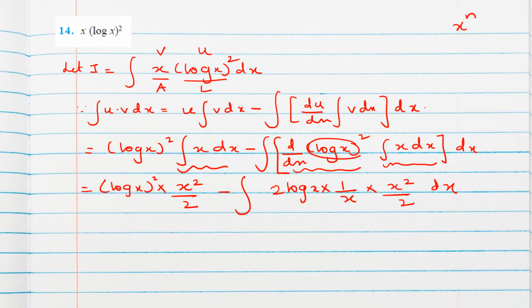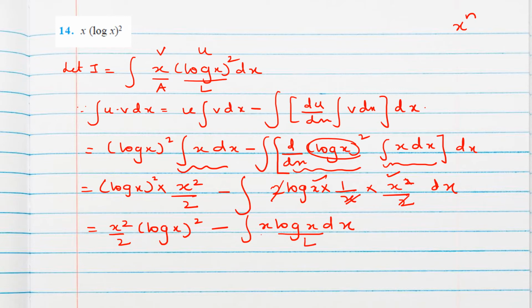So the 2 we can cancel here, one x power will go, so we'll be left with x log x dx. Now again we have two functions in a product, so we can apply integration by parts again.